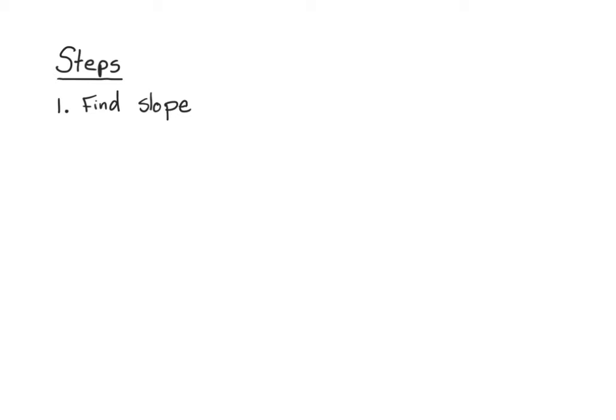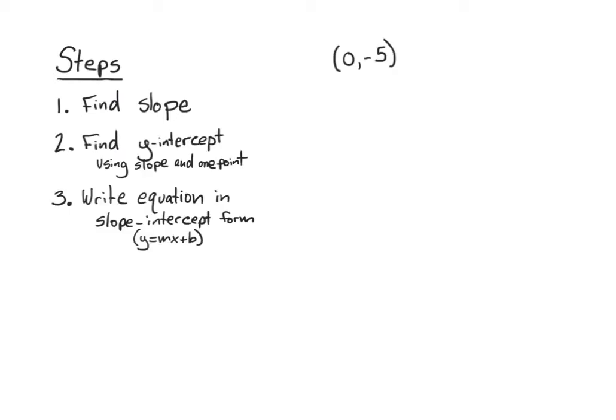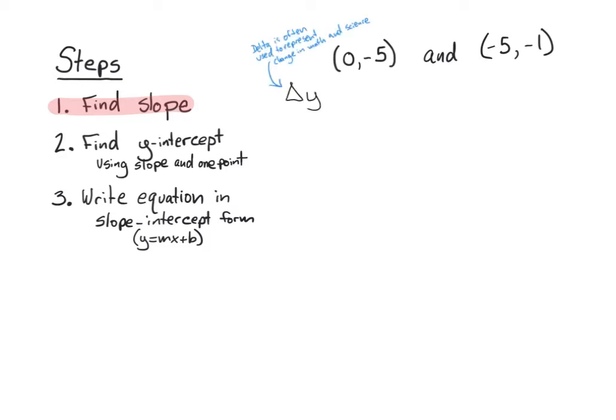in slope-intercept form. So, given the points (0, -5) and (-5, -1), write the equation of the line. Let's start with step 1, find the slope. To find the slope, we want to find the change in y over the change in x.